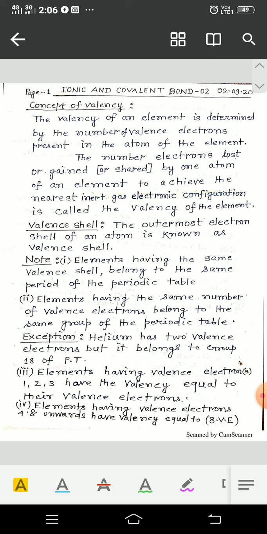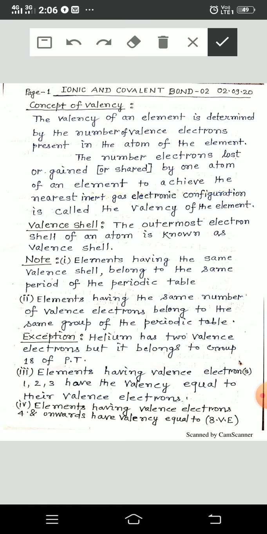So, we can say that the number of electrons lost or gained or shared by any atom to achieve the electronic configuration like its nearest inert element is responsible for the valency.